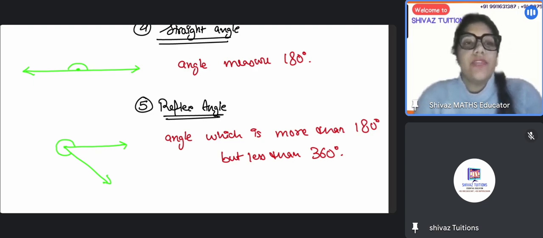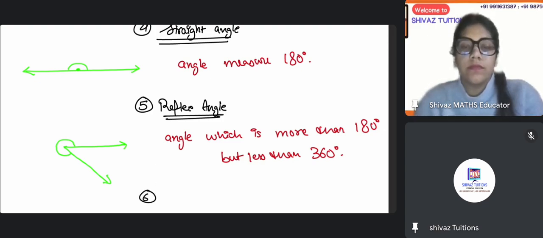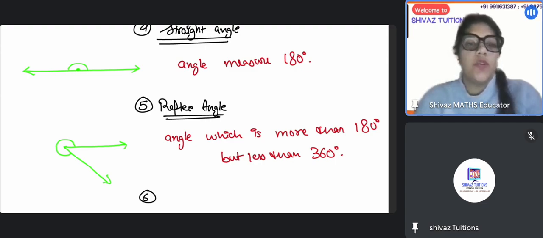At last, we have a complete angle. Can anyone tell me what is the measurement of a complete angle? Anyone know what is a complete angle?